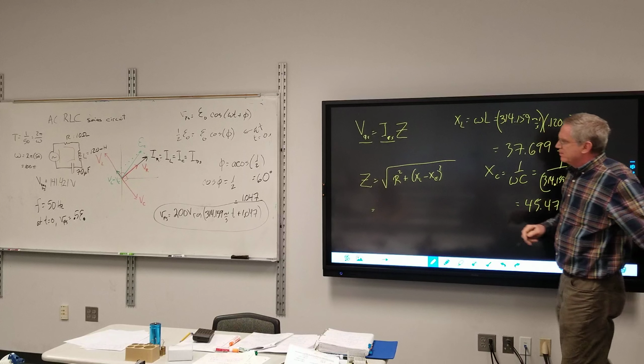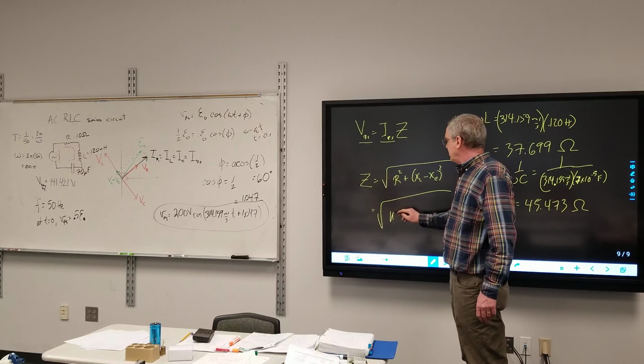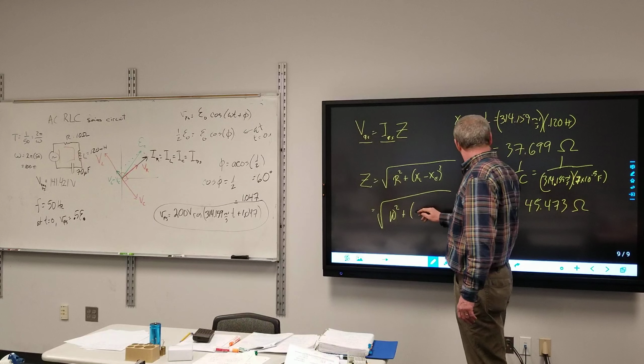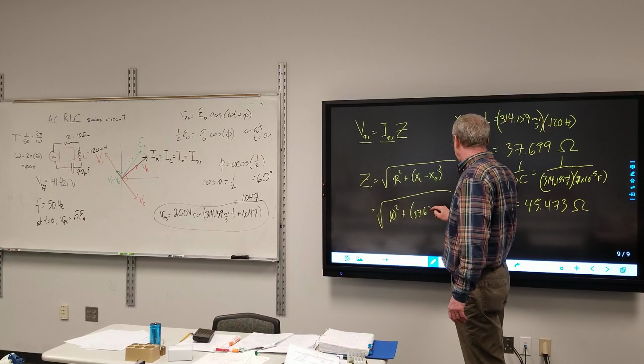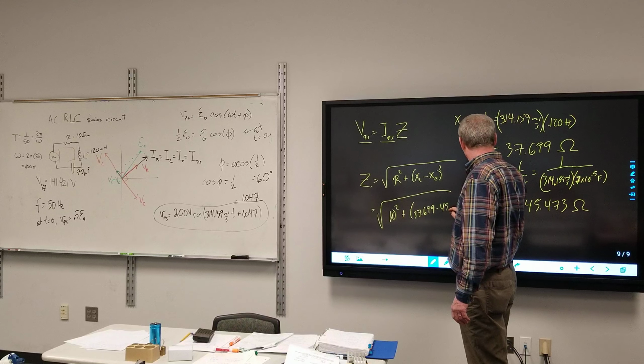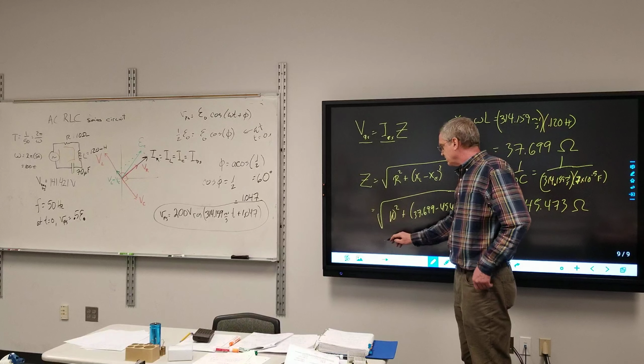So therefore, my impedance for this circuit is the square root of 10 squared plus 37.699 minus 45.473, that difference squared.